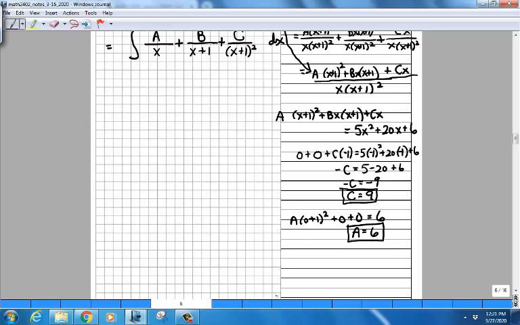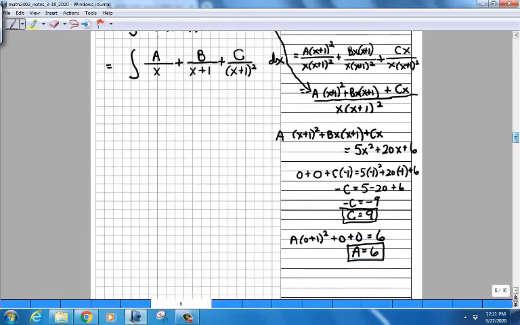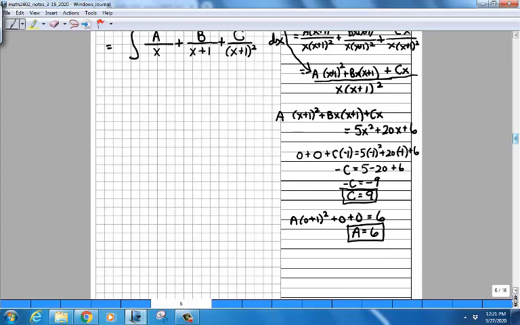Now, in a way, you're done, because now you know what a and c are. I think that makes it really easy to figure out what b is. Let me show you why. There's not really another strategic choice you can make for x that will eliminate any of these terms on the left-hand side of this equation.